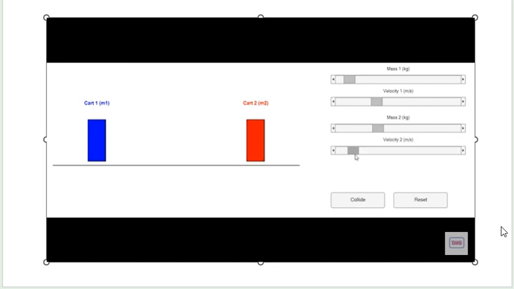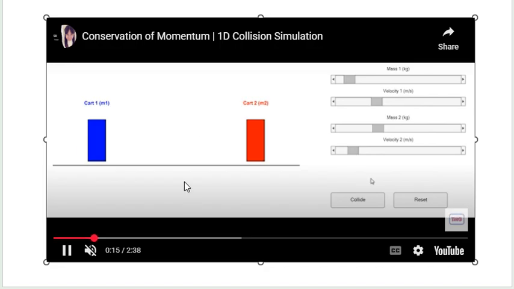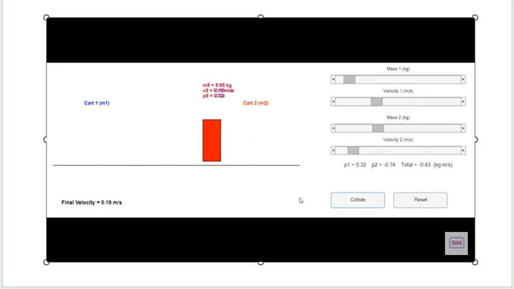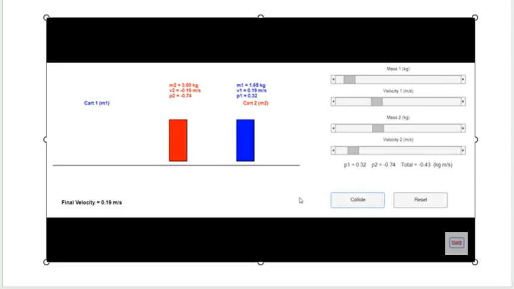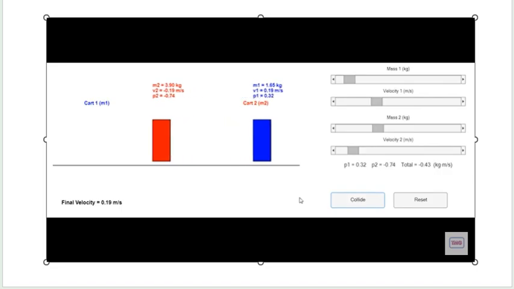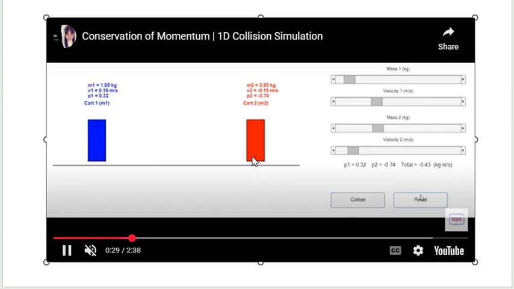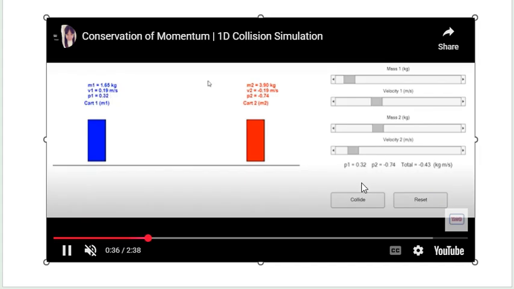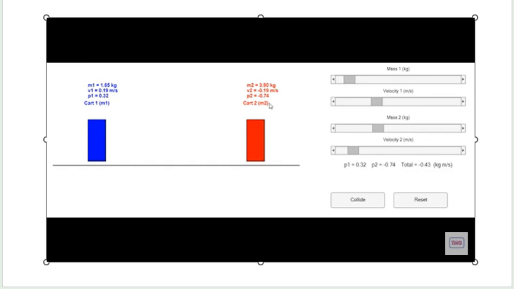You have an initial position, and then when you simulate it here, they collide, and it changes into a new velocity on both of those objects. We have 2 objects going on, and then we calculate your P1, P2, and the total.